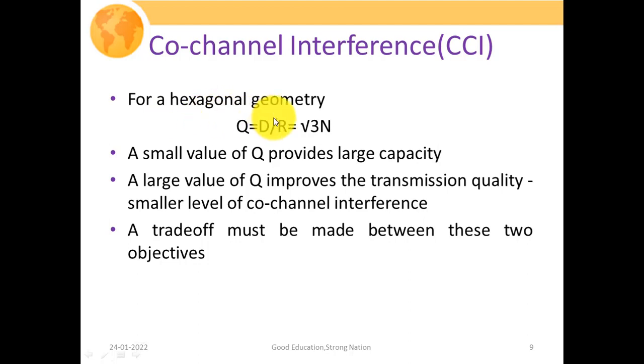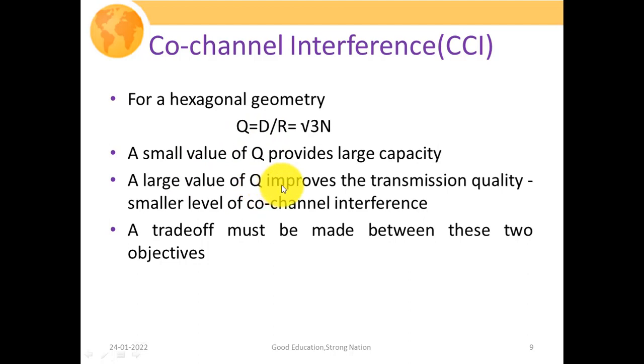For hexagonal geometry, the Q value is evaluated as square root of 3N. So a small value of Q provides larger capacity. As we have discussed, if the value of Q is larger, then the co-channel interference impact will be lower, and if you reduce this value of Q, then obviously your cells will become nearer to each other, and to cover the entire geographical region we have to further reuse the frequencies, which will definitely increase the capacity, but this will increase your co-channel interference.